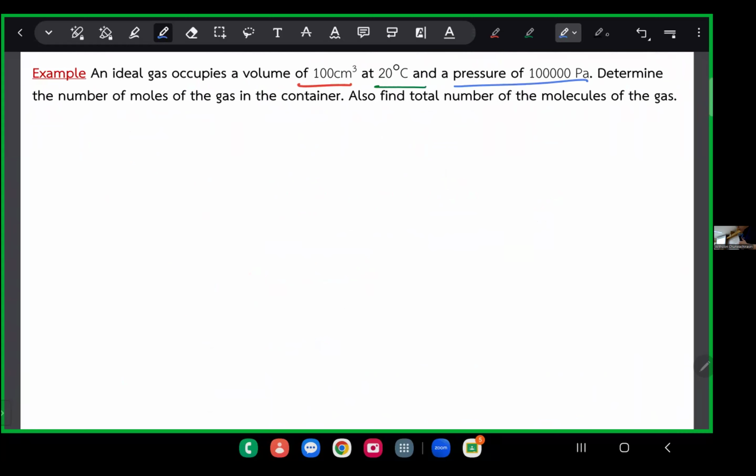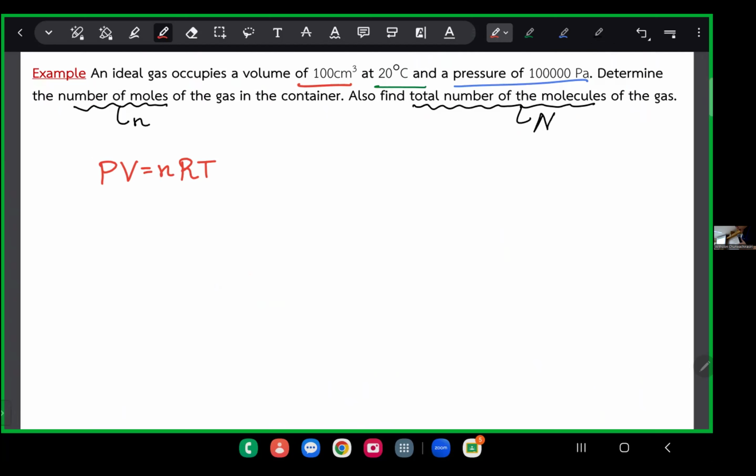Determine the number of moles. That's what they want. So this one is a small n. And the total number of molecules, this is the capital N. Everyone good? All right, so these are just two different units that you use to quantify the amount. So let's start with the small n. So use PV equals small n RT. Here you go.